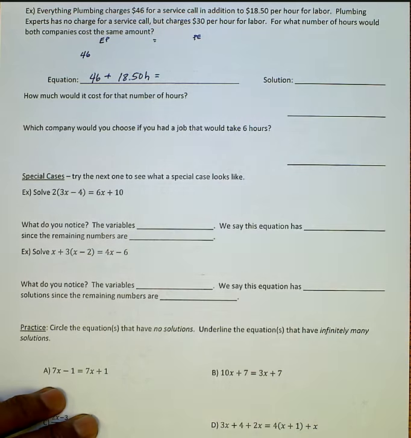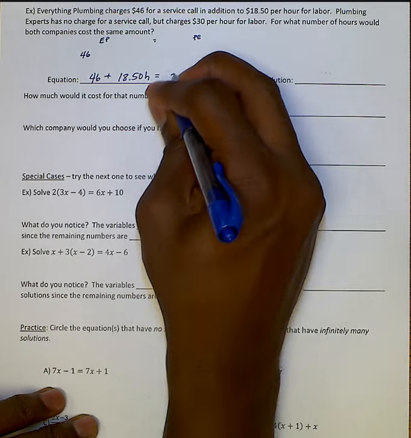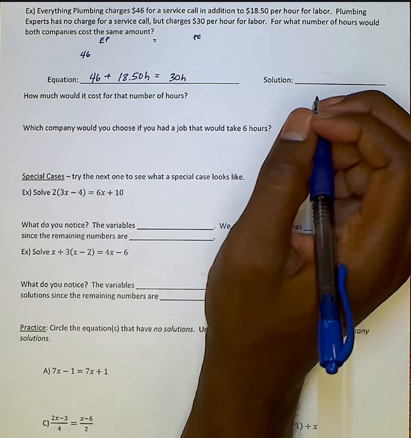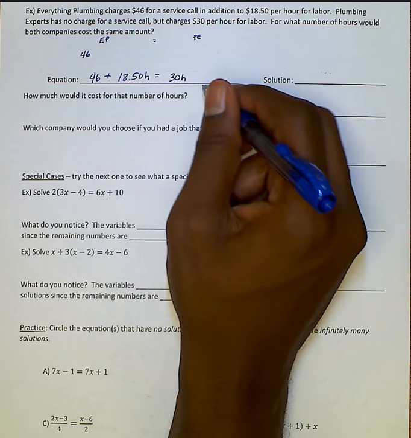Plumbing Experts, they don't charge to show up, but they do charge $30 per hour for labor. So here's our equation. 46 plus 18.50h equals 30h.